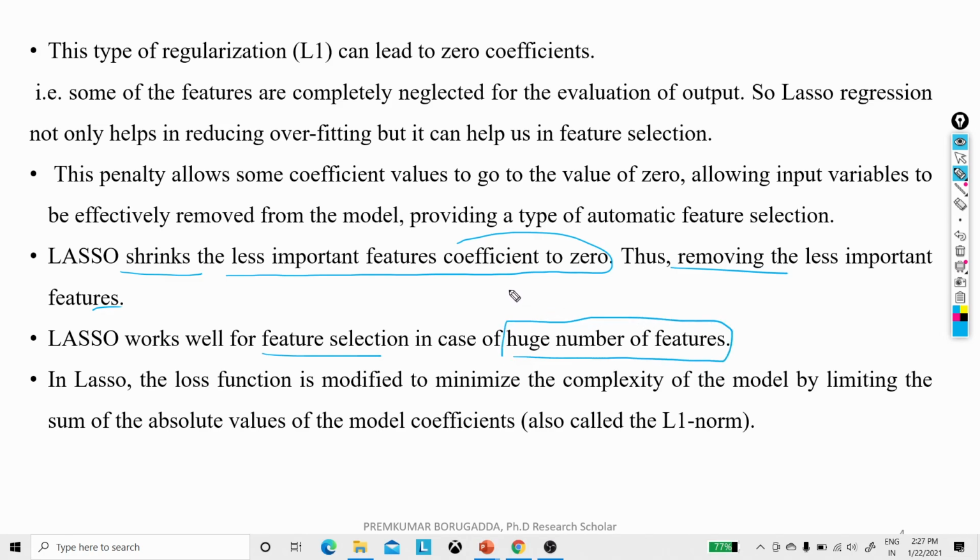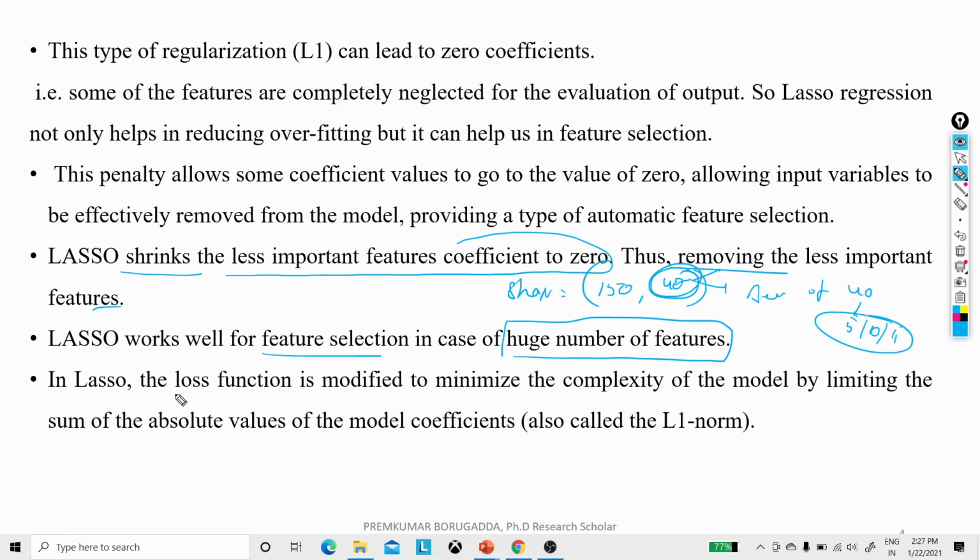Suppose our data set shape is 150 rows and 40 columns. Here the number of features is 40, which means there are huge features. When you apply lasso regression, lasso will select the best features out of 40. It may give 5 or 10 or 15, depending upon this regularization.